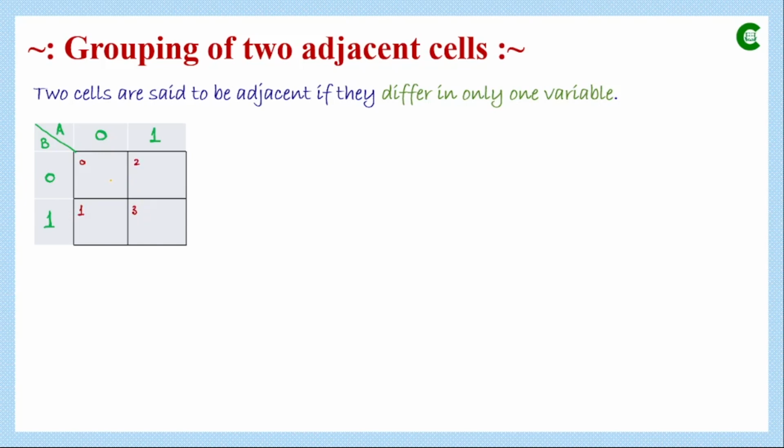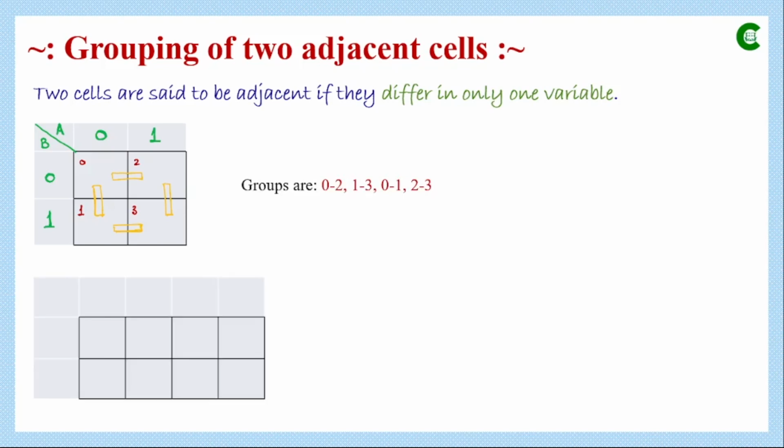Adjacent cells in this K-map will be 0 and 2, these 2 cells are adjacent, and also 1 and 3, these 2 cells are adjacent, so we can group them. And also vertically, 0 and 1, these 2 cells are also adjacent, so we can group these 2 cells as well. And again vertically 2 and 3, these 2 cells are also adjacent, so we can group them. So that means for our 2 variable K-map we have 4 possible combinations of grouping 2 adjacent cells.